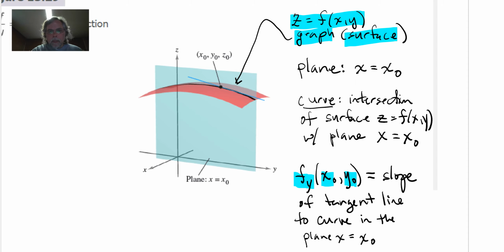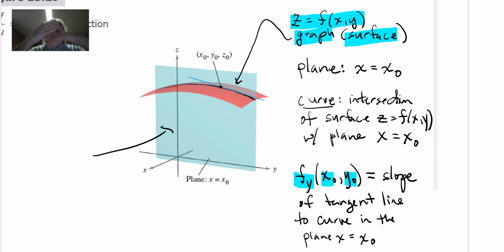Now we're going to be doing the derivative with respect to y. So x equals x0 is a fixed plane. I don't know what color that plane would be actually. Here, plane x equals x0. So we look at that surface intersected with that plane.